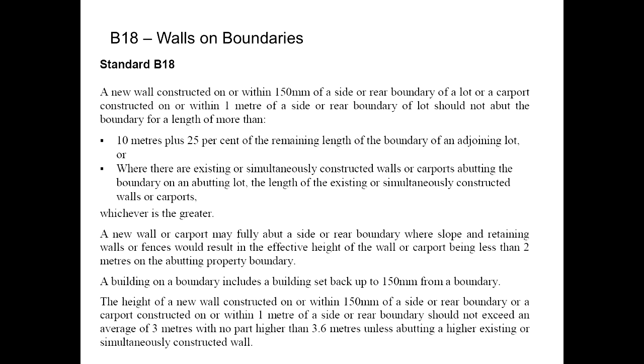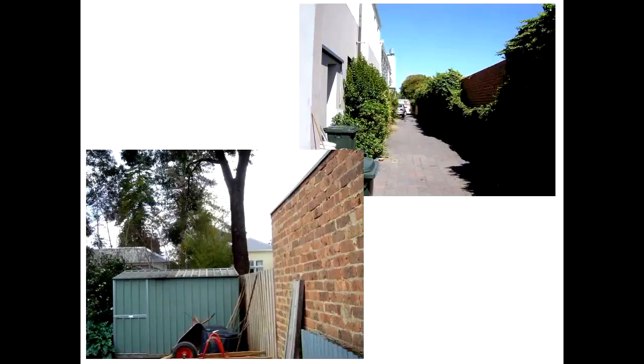What you find when you have prescriptive standards like this is that a developer will build to the absolute maximum almost every single time. It's pretty unusual that they don't. Essentially it's trying to limit extremely long walls that might impact on amenity.